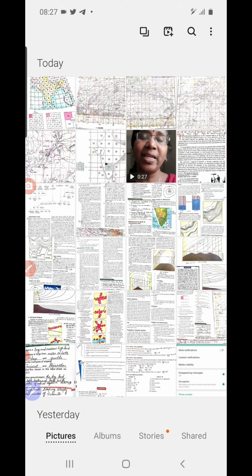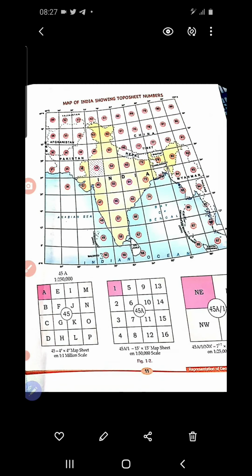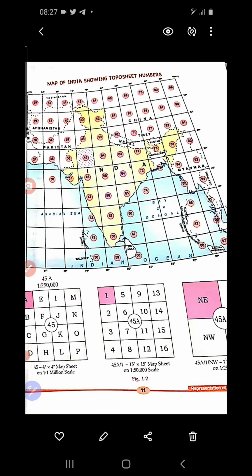You see here, India and its landmass is only given. Here the numbering comes 39 to 84. But the map given in your textbook has more numbering than 39 to 84. Why? Because it is showing India and adjacent countries.